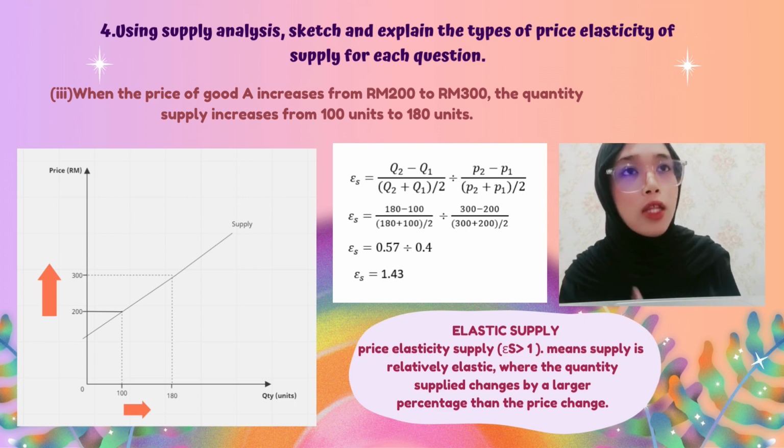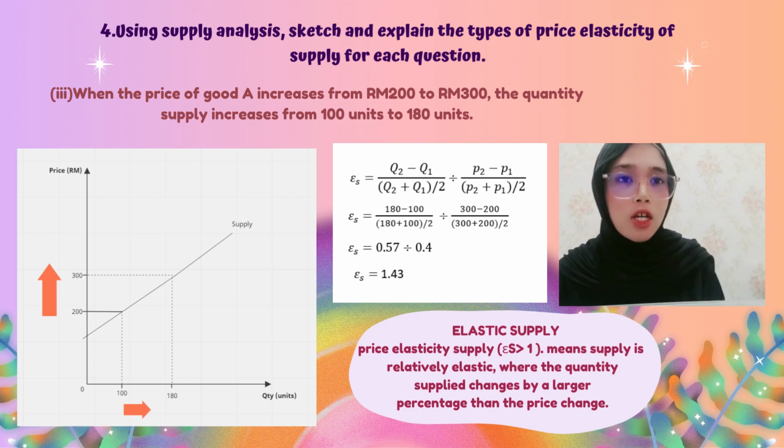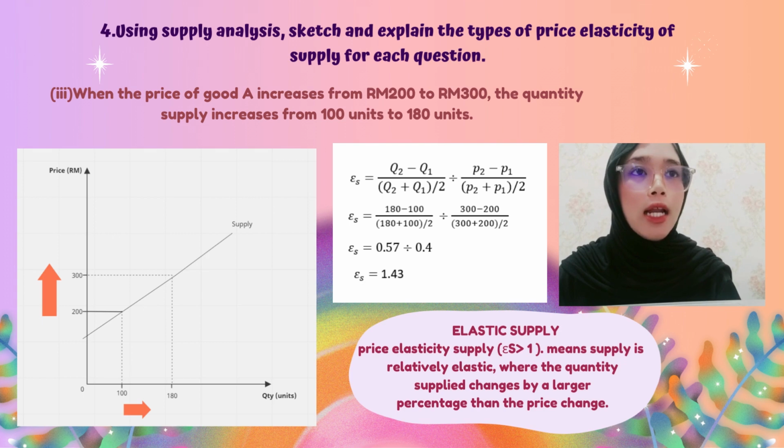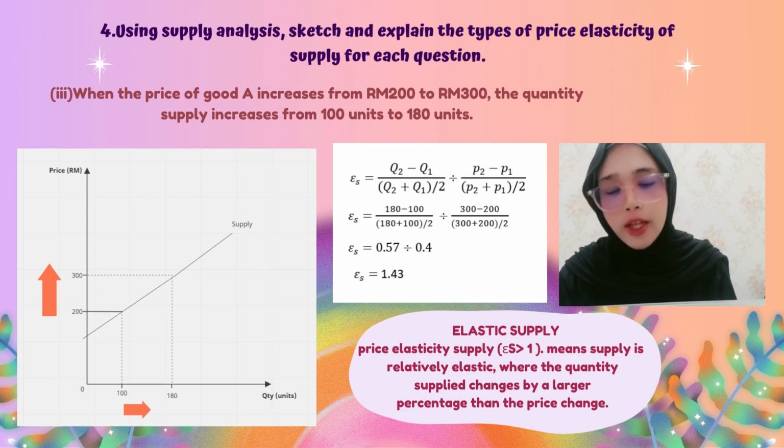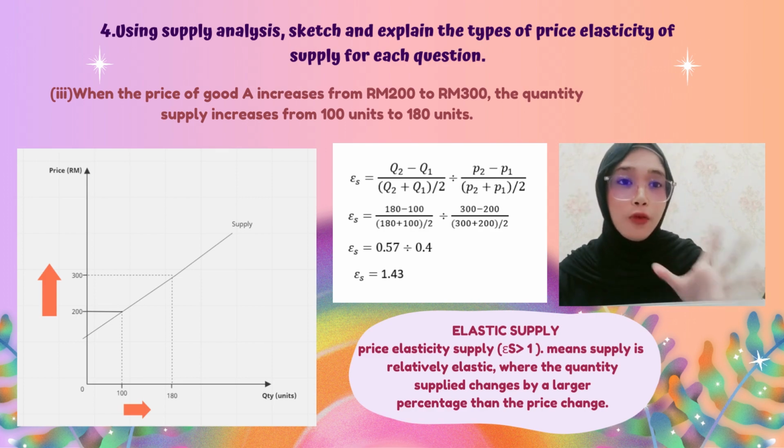So I just apply all the items and the final answer is 1.43. So the type of responsiveness is elastic supply. It is because elastic supply occurs when the price elasticity of supply is greater than 1, where the quantity supplied changes by a larger percentage than the price change. So the graph will look like a flatter slope of the supply curve. So that's all for me. Thank you.